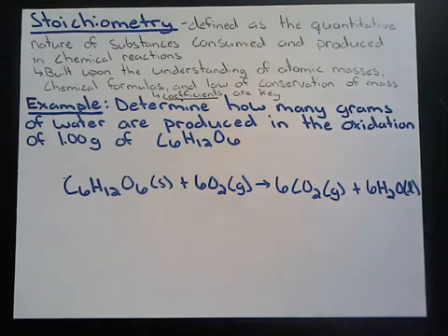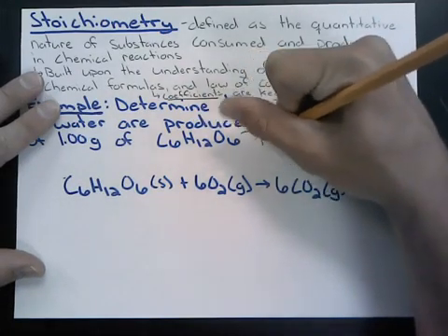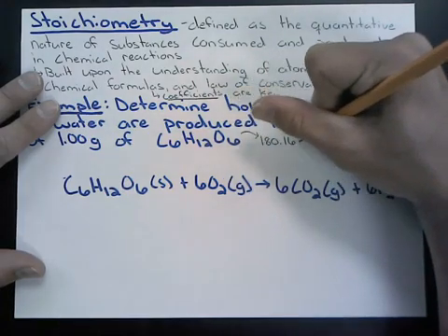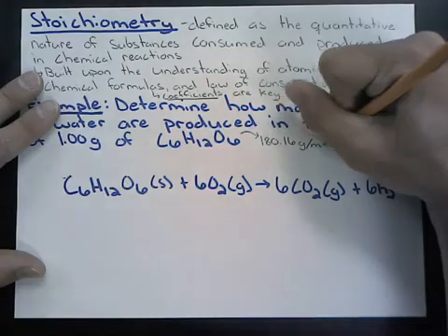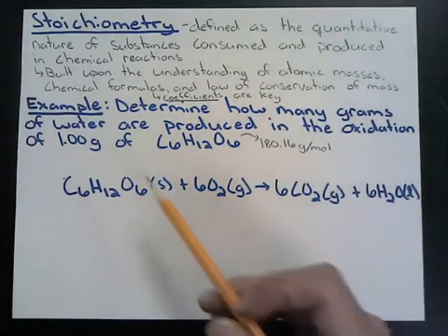Now, to save a little bit of time, because you've already calculated it in an earlier problem, the molar mass of C6H12O6 is 180.16, and we already calculated this in notes, but that is 180.16 grams per mole.